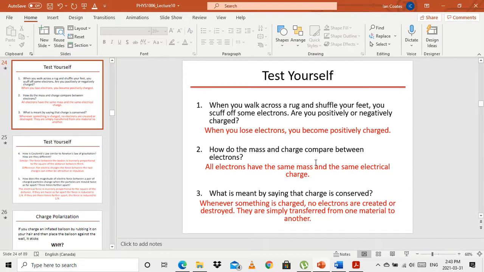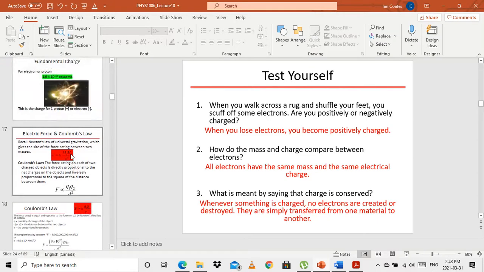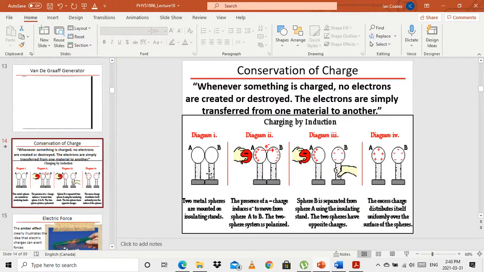even though you may have two metal balls that are both electrically neutral, but then you remember you brought the red balloon. Where was that? Right here. And you remember you brought this over, which then all the electrons jumped over here. And then you separate them, and then wait a second, this ball is positive, this ball is negative.